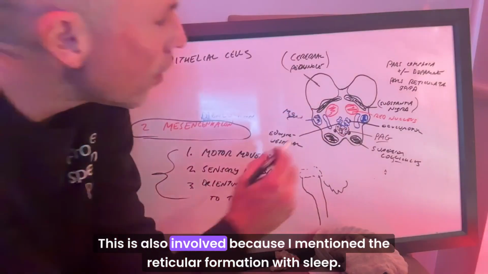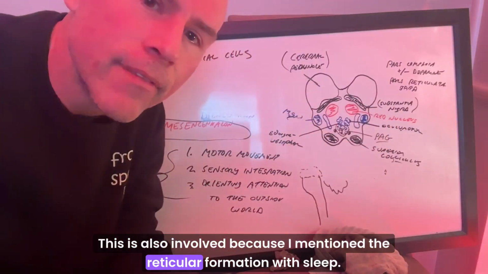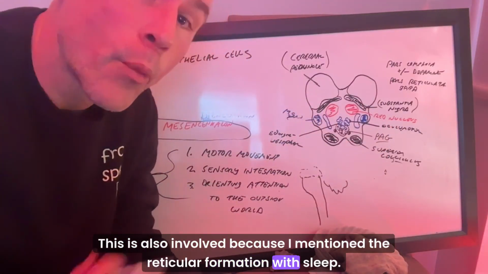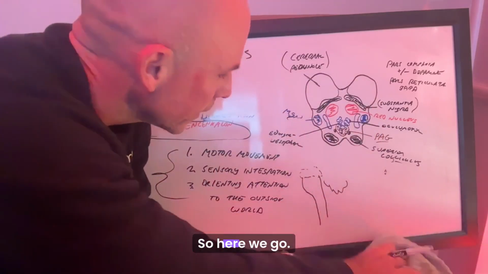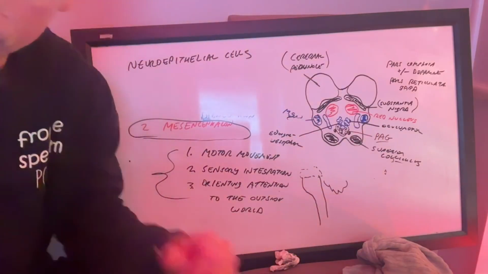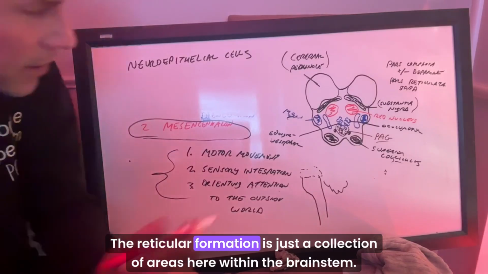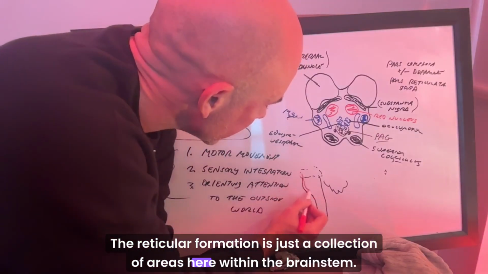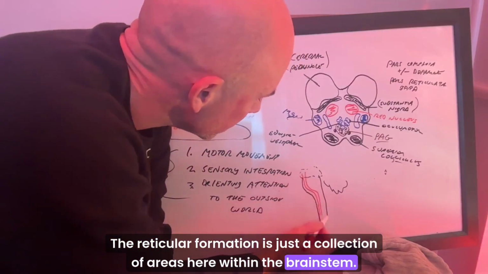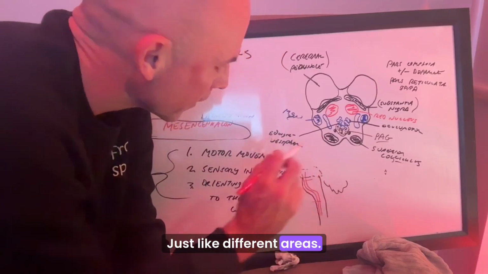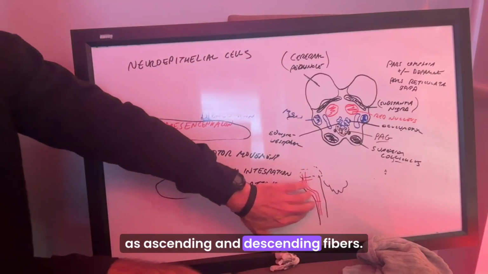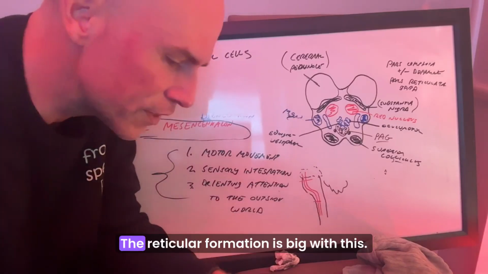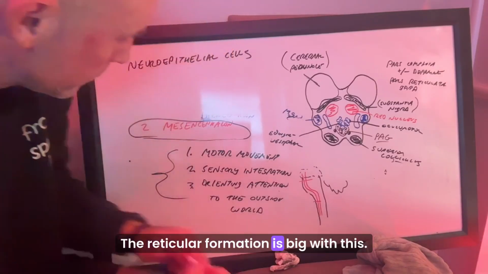This is also involved, because I mentioned the reticular formation, with sleep, the mesencephalon, and even this brainstem. So here we go. The reticular formation is just a collection of areas within the brainstem, and it has ascending and descending fibers.